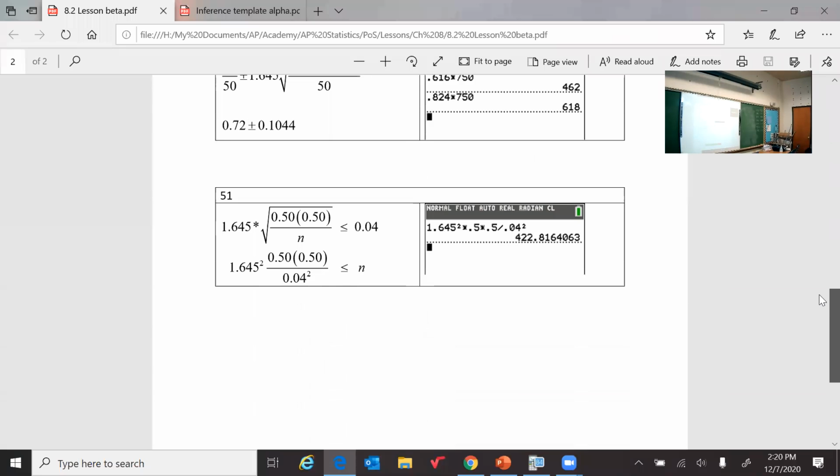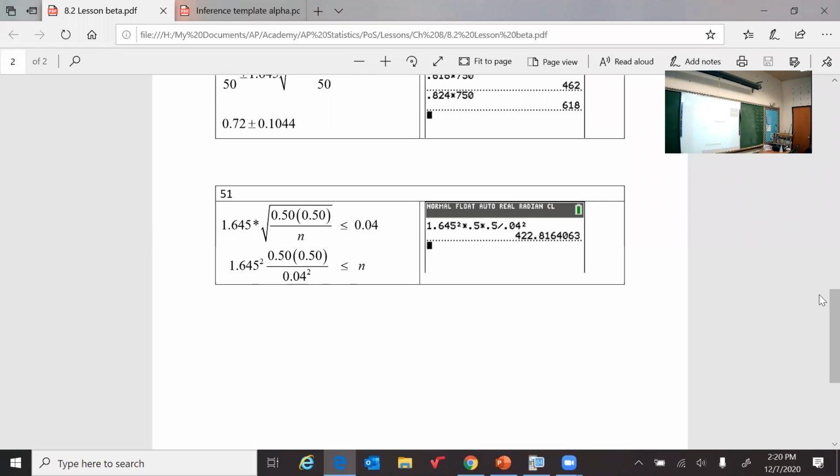Okay, so for 51, so I just did the algebra a little differently than they did it. It's a 90% confidence interval, so that is your critical value, 1.645. The margin of error you want is 4%. The safest way to get that is to put in 0.5 for p hat. Okay?